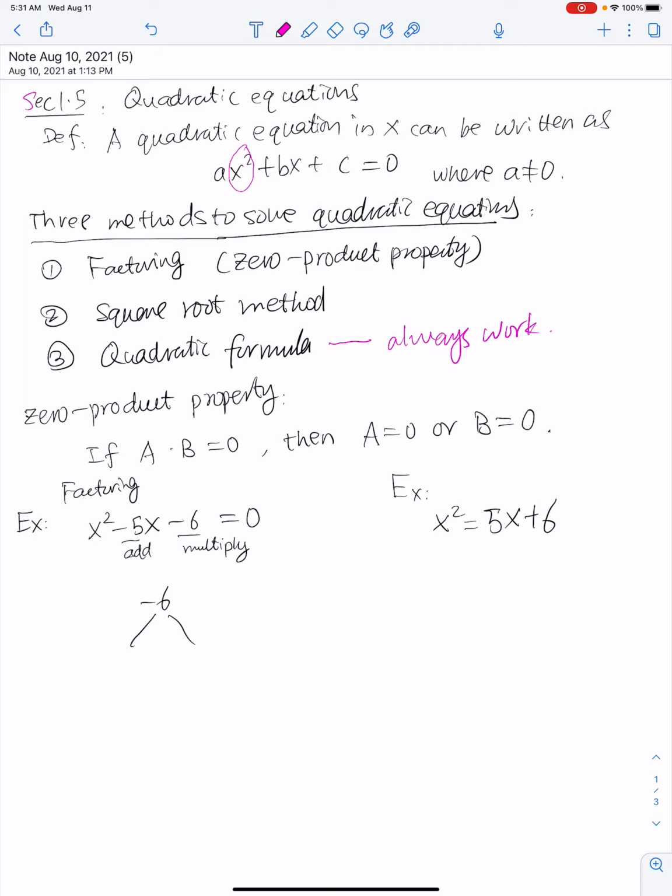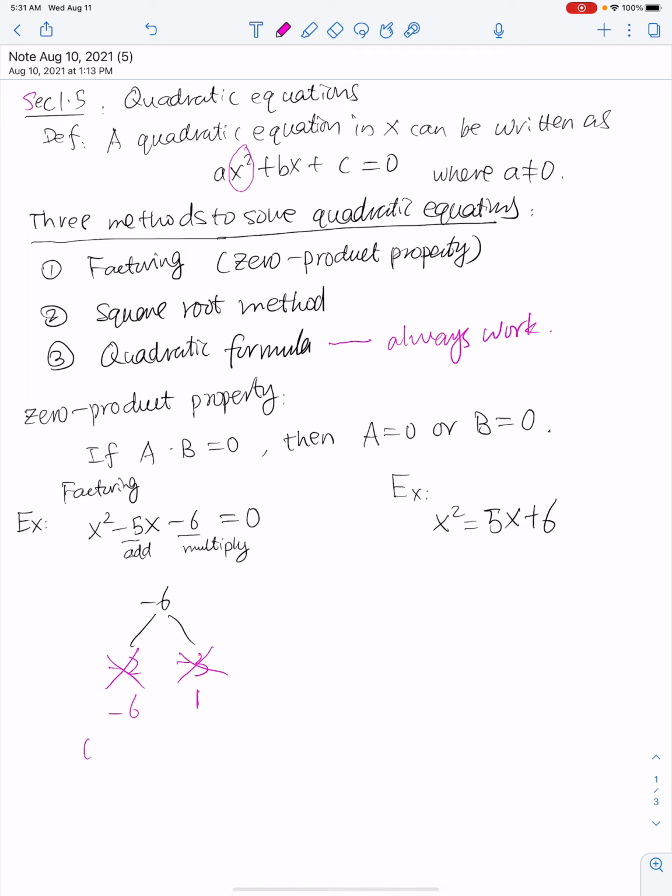Somebody will tell me negative 2, negative 3. Is this right? No, because negative 2 times negative 3 is positive 6. So it has to be negative 6 and positive 1.